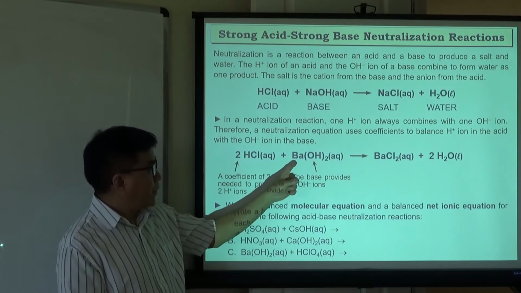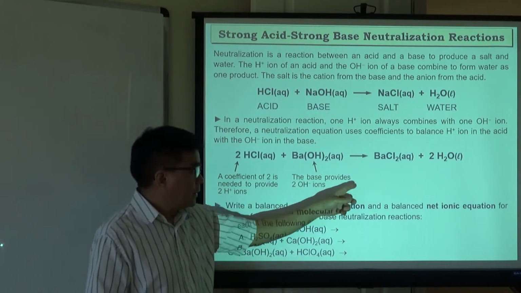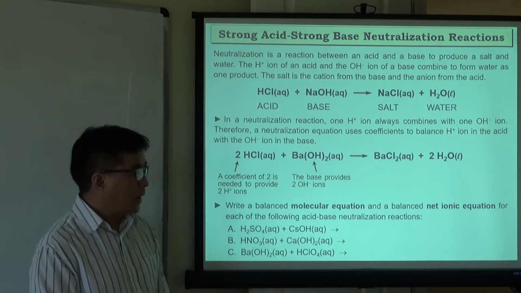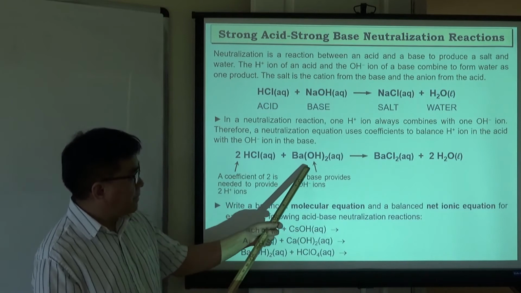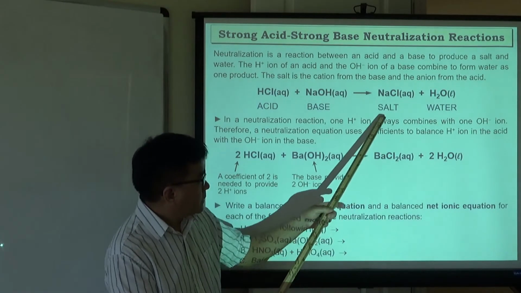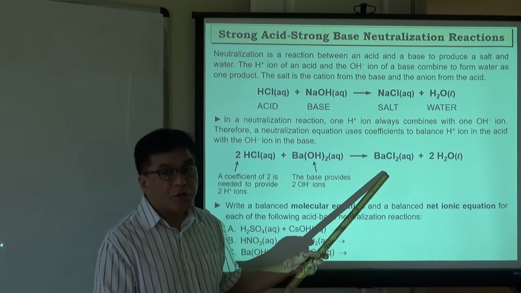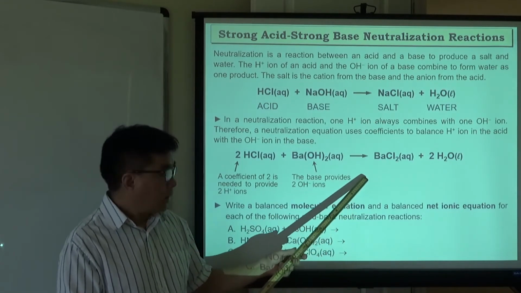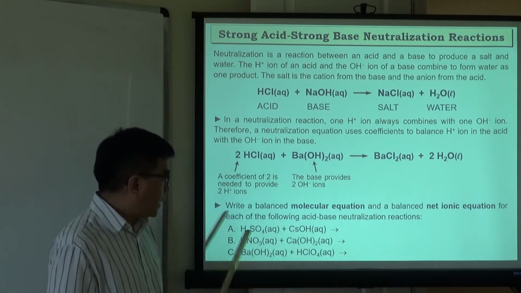Okay, and the barium has a 2+ charge. It's balanced out by the 2 chlorides, so you write barium chloride. So again, you got an acid and a base, you're going to have a salt, which is this one right here. A salt, remember, is a generic term for ionic compounds. And then you have water.